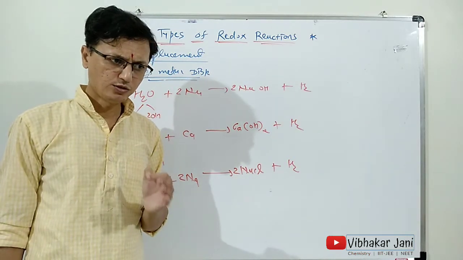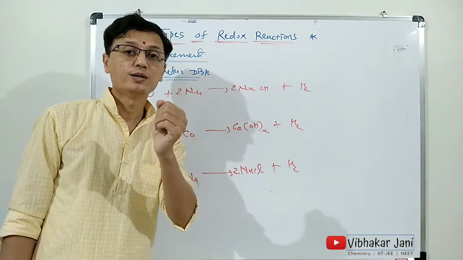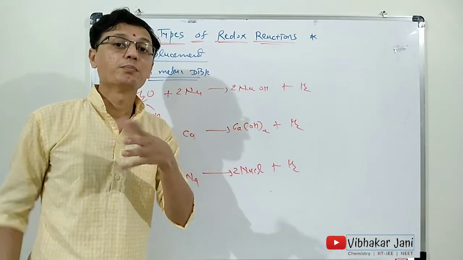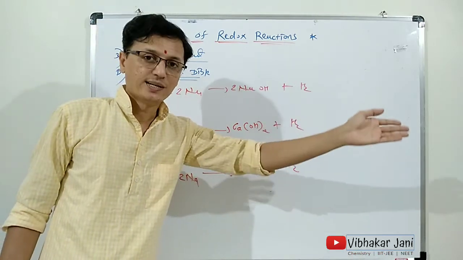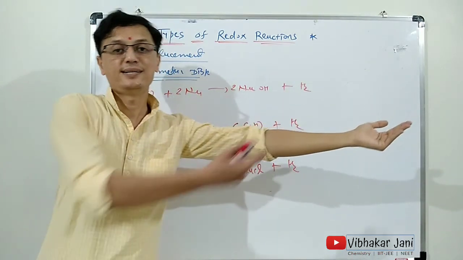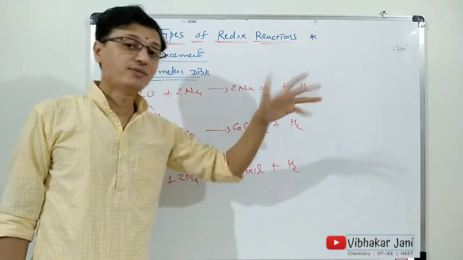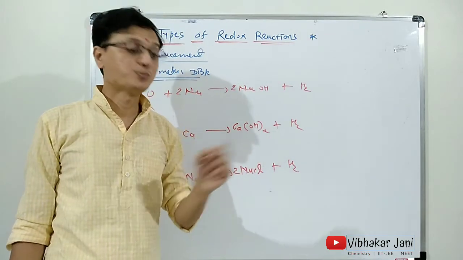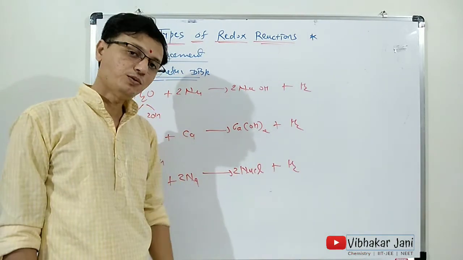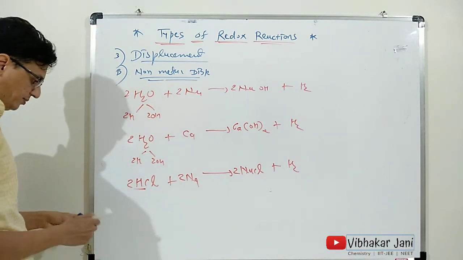I think you know the reason why those metals are not able to displace hydrogen. Because those metals are situated after hydrogen in the reactivity series. And the metals which are situated after hydrogen are not able to displace hydrogen from the compounds of hydrogen. It is very simple.